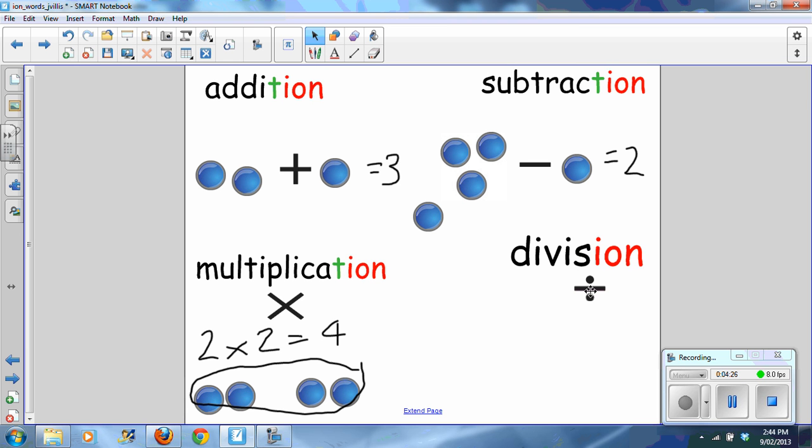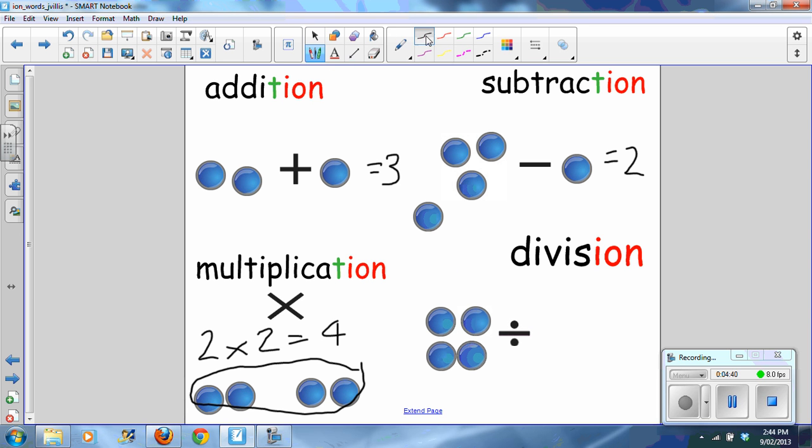Let's have a look at division. Division means to divide or put into groups of. Okay, so let's have a look at the number 4. We've got 4 and I want to divide it into 2. I need to put my 4 into 2 groups. Okay, so let's draw 2 groups.